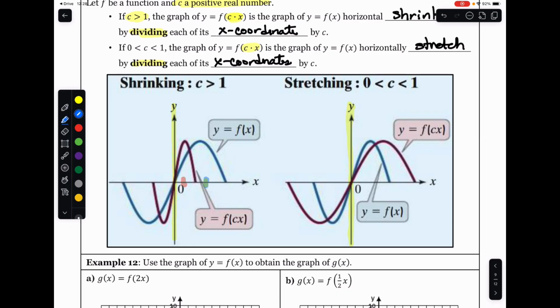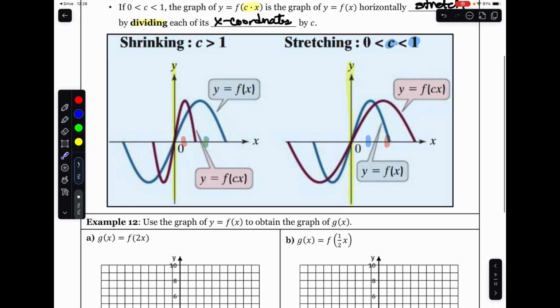And for a stretch, the value of c would be some decimal value less than 1, and it's going to stretch it outward. So this x coordinate, originally here in blue, is going to stretch out to this new x coordinate right here in red. You'll notice that the y coordinate doesn't change. That stays the same. Notice that both functions still have the exact same height.